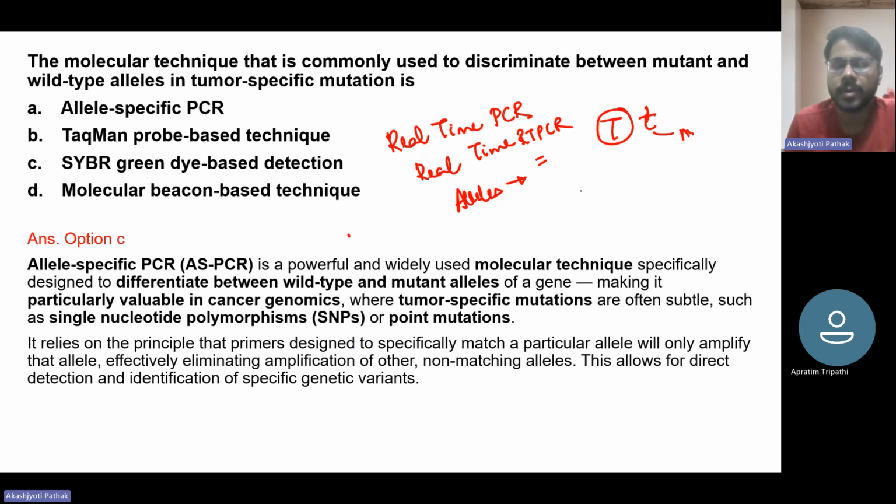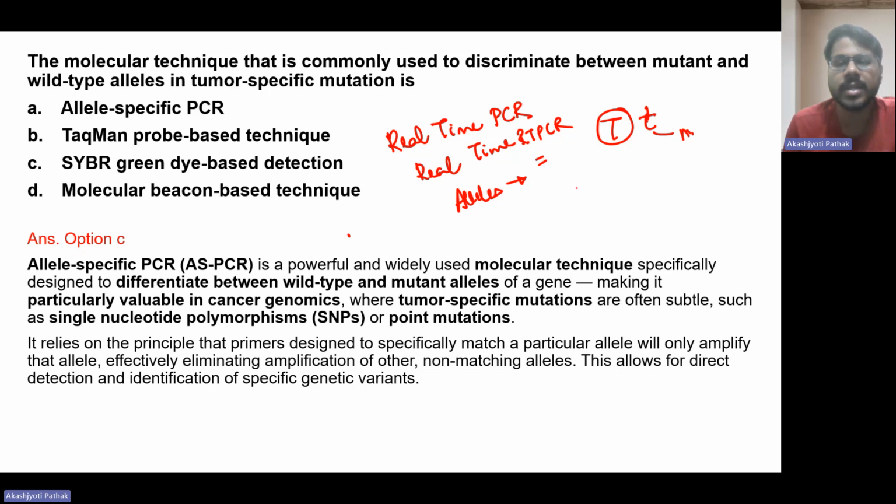For doing a PCR, you require a forward primer and a reverse primer. The primer specific to the 5 prime to 3 prime DNA strand is called the forward primer, and the primer complementary to the 3 prime to 5 prime DNA strand is called the reverse primer.